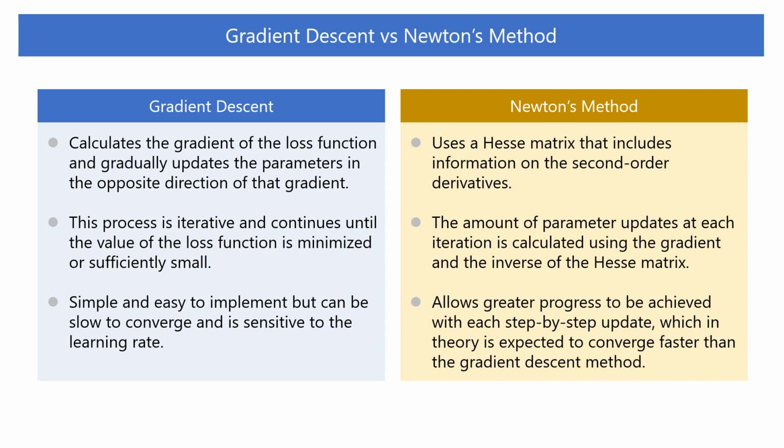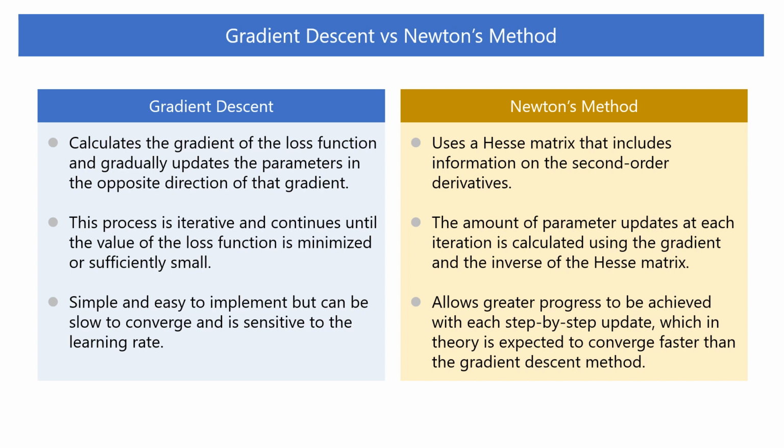Newton's method uses a Hessian matrix that includes information on the second-order derivatives. Specifically, the amount of parameter updates at each iteration is calculated using the gradient and the inverse of the Hessian matrix.